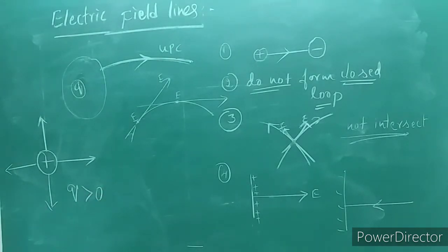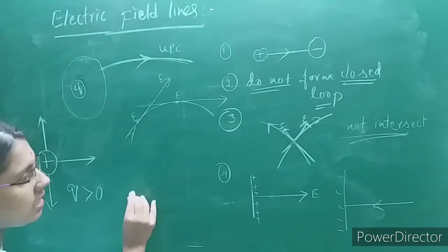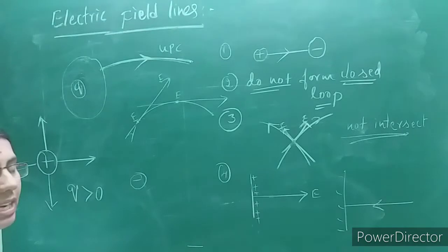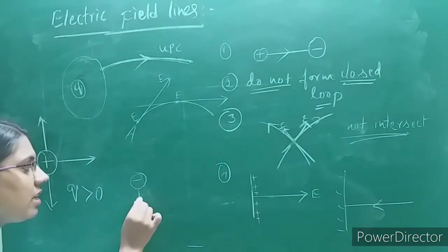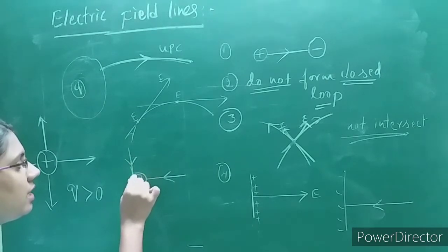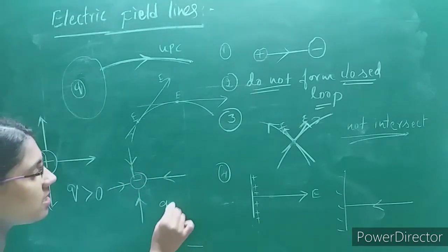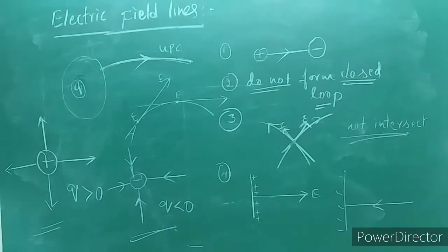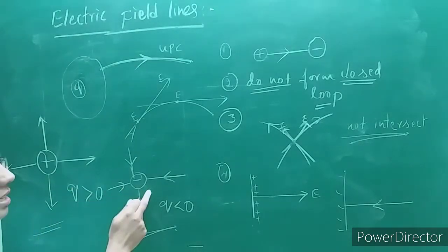Suppose we consider a single negative charge. In the case of a single negative charge, the electric field lines are always acting radially inward. See, this is in the case of a single negative charge. So this is how we draw electric field lines in the case of a single positive charge and in the case of a single negative charge.